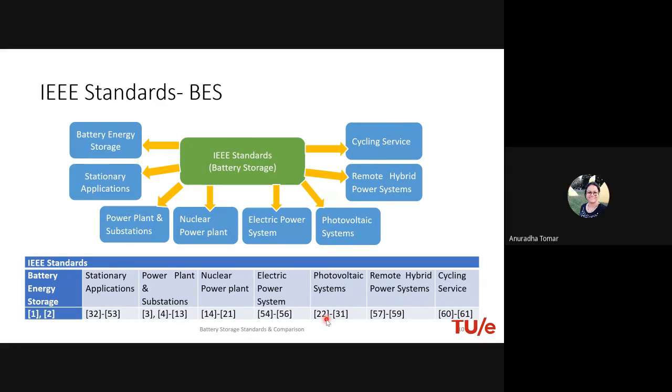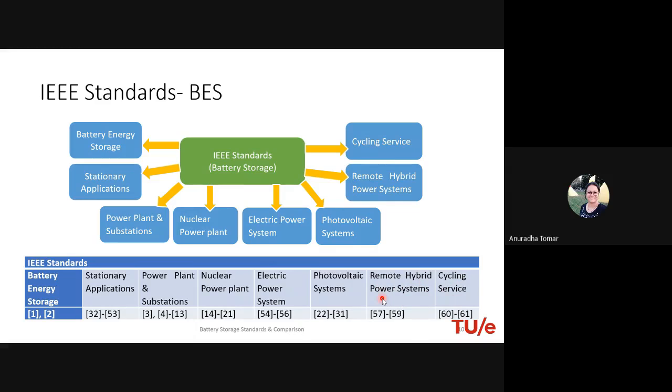Some standards are currently active, some are inactive or already withdrawn. But till now in IEEE, there are nine standards framed with reference to photovoltaics. Similarly there are some references for the remote hybrid power system and then cycling services.